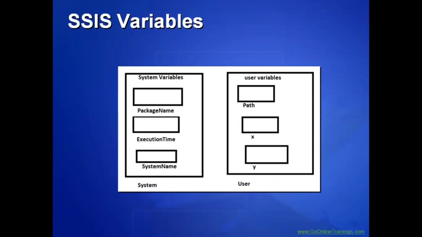So what is a variable? A variable can store any kind of data, but variables are going to occupy the space of the memory, the RAM. As soon as the execution gets over, the variables are removed from the RAM automatically. Clear? So that is what you need to understand.